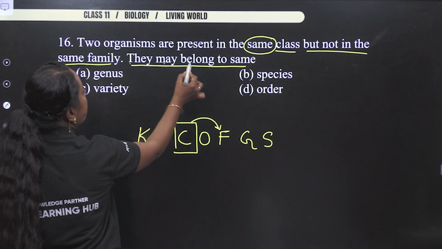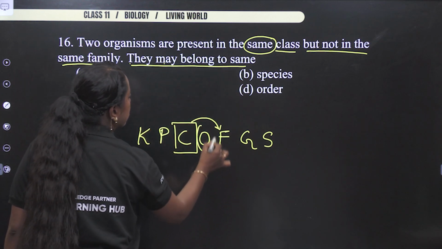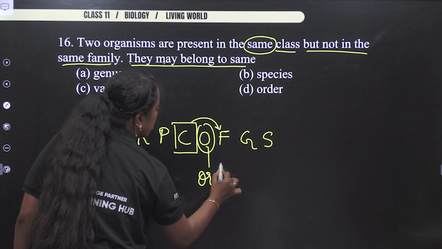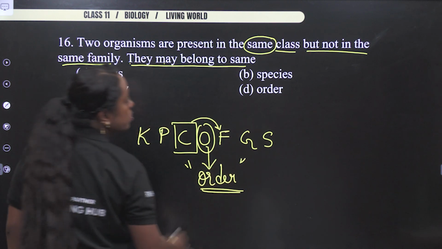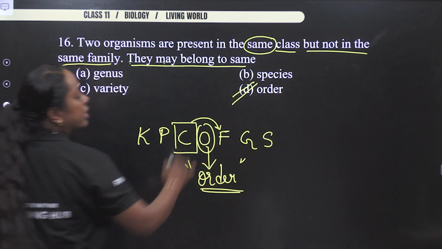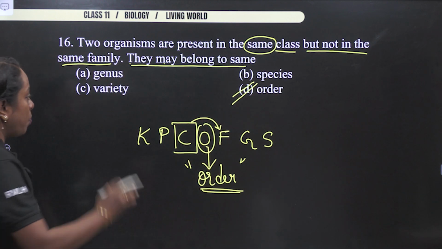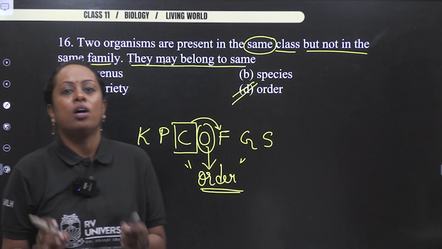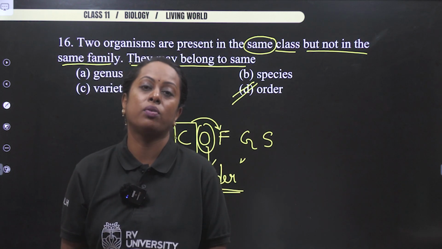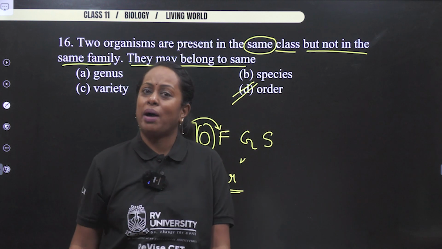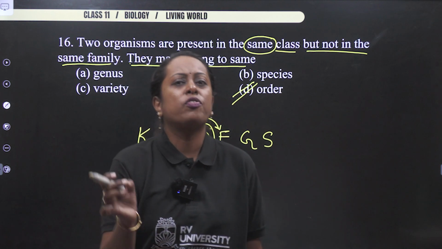But they may belong to the same order. So your answer becomes Option D. Did you understand? So please don't hesitate. Towards the side of the paper, you can always write the hierarchy and then find out the answer. Please don't ever do the mind calculation. It will take just a few seconds.